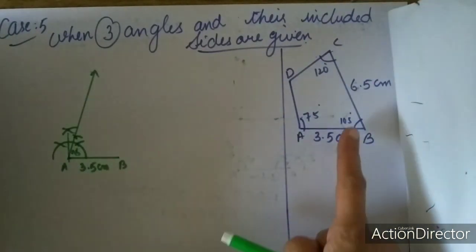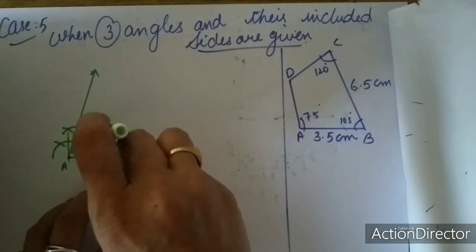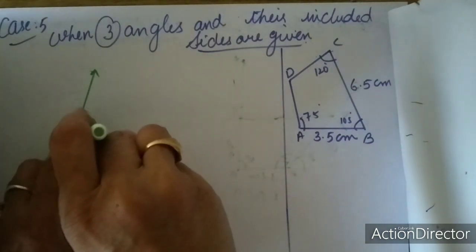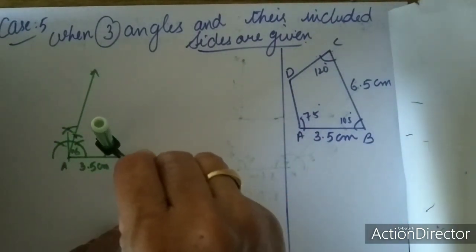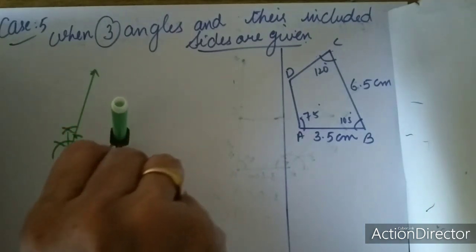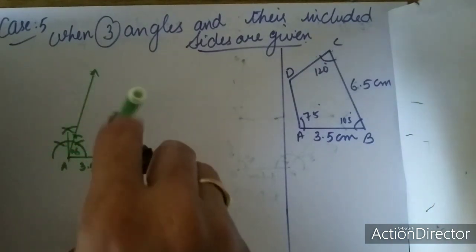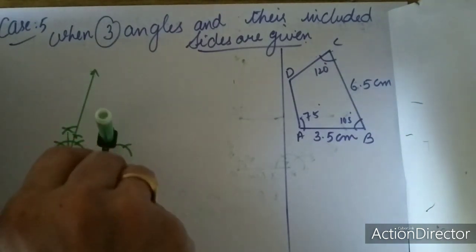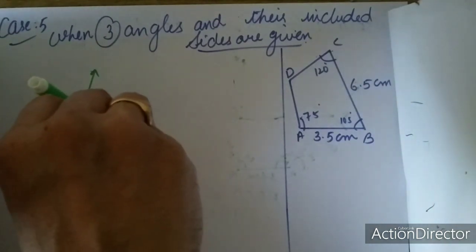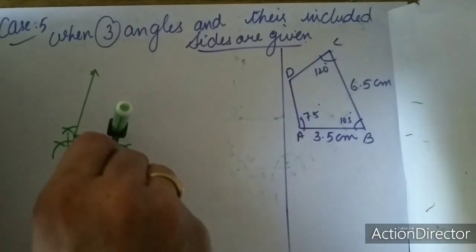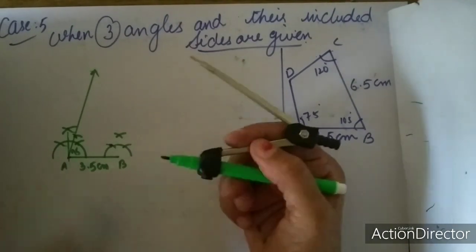Now I have to draw 105 degree at the point B. Again you draw a semicircle. So first you draw 60 degree. This is 120. This is 60. So both bisecting together I will be getting 90 degree. So now 105 lies between 90 and 120 degree.